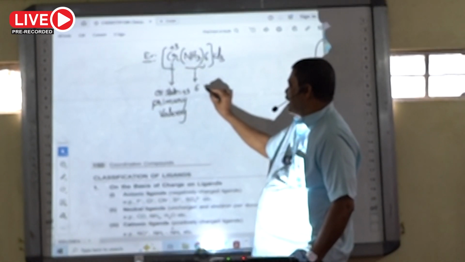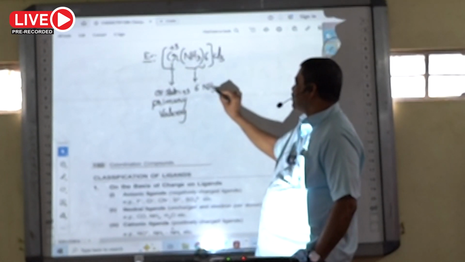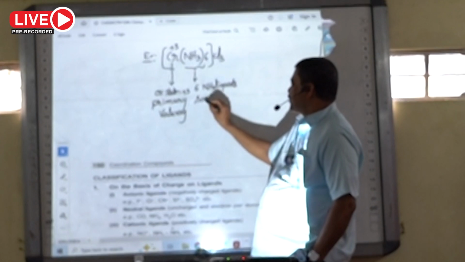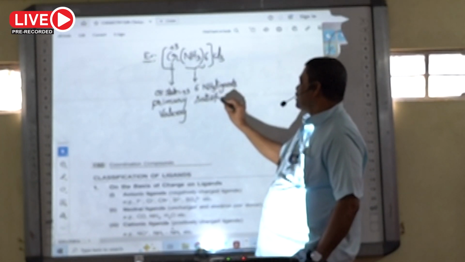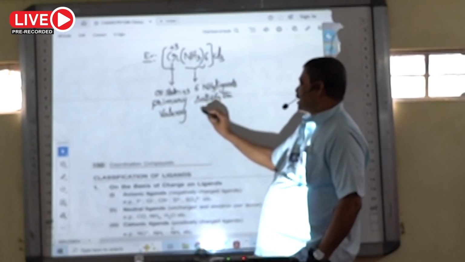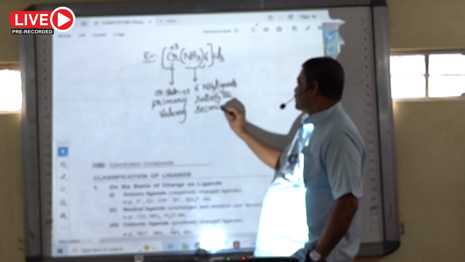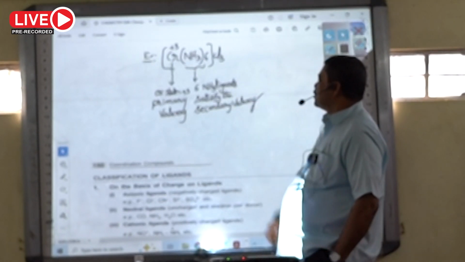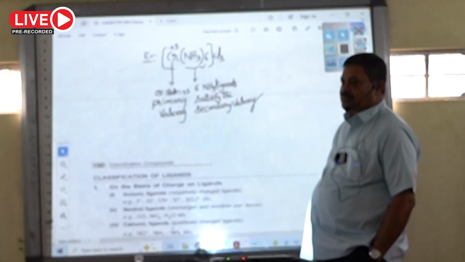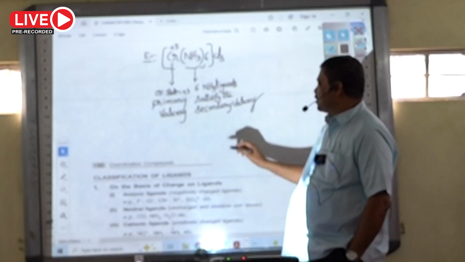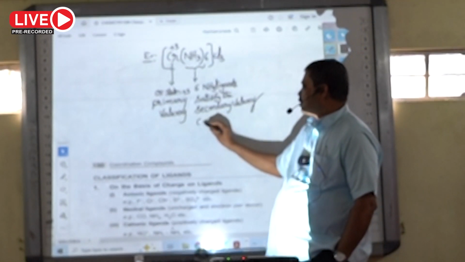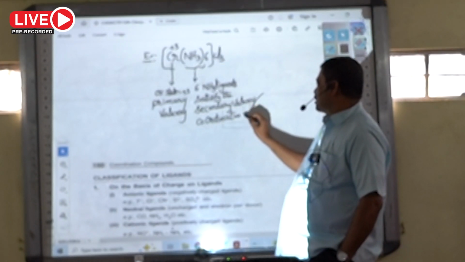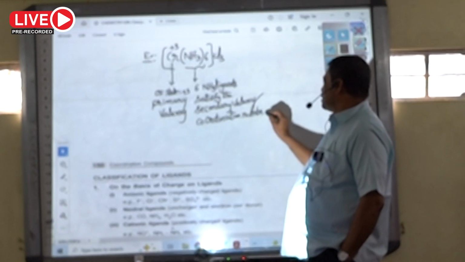These 6 ammonia ligands satisfy the secondary valency. Those which satisfy the secondary valency give the coordination number, so the coordination number is equal to 6.